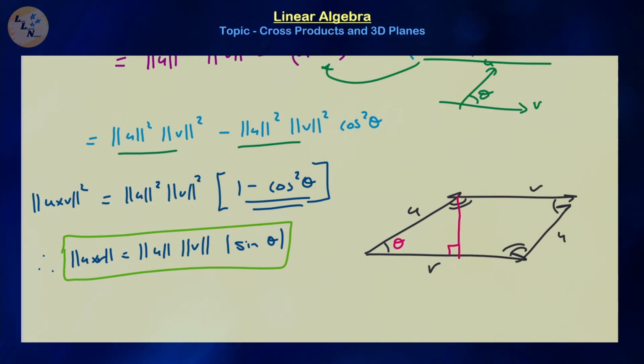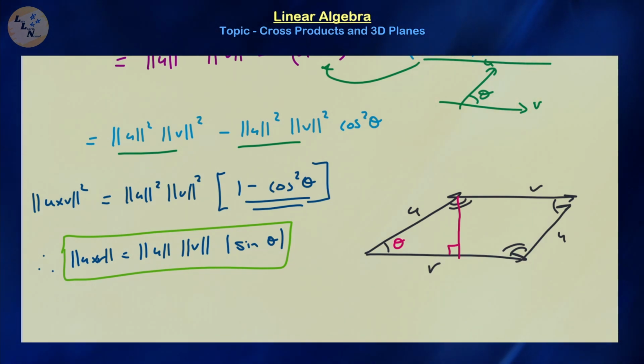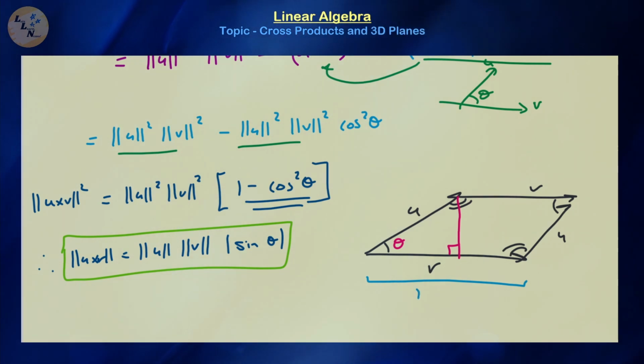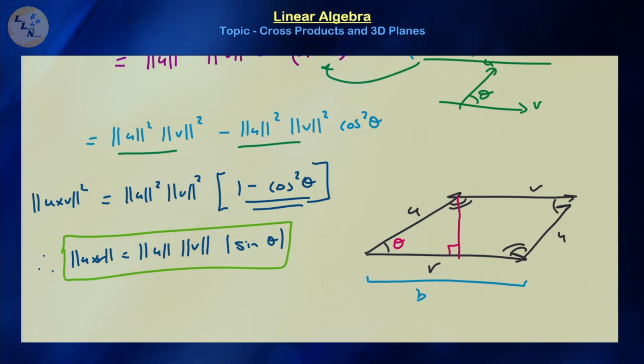So how do you find the area of a parallelogram? Keep in mind that parallelograms are just two-dimensional subspaces of the three-dimensional space we're working with. So we can view this as a 2D geometry problem, even though it's most likely going to be rotated in our 3D space. The base is going to be equal to b, but b, at least in this picture, is equal to the norm of v. So what's the height going to be?